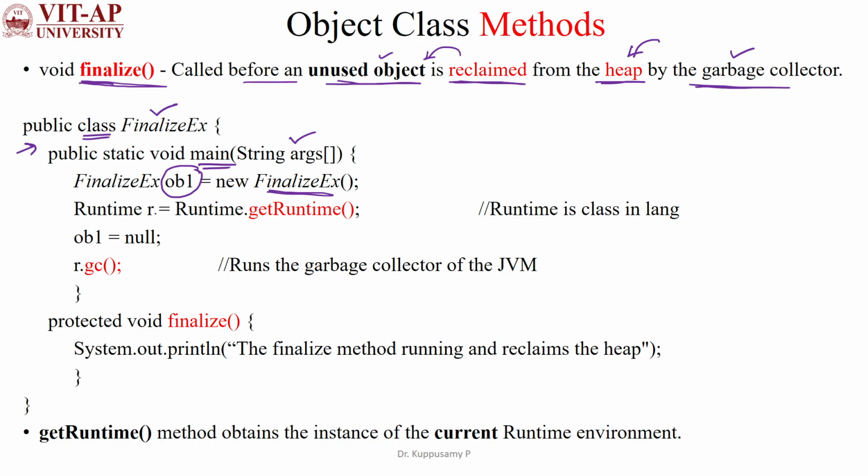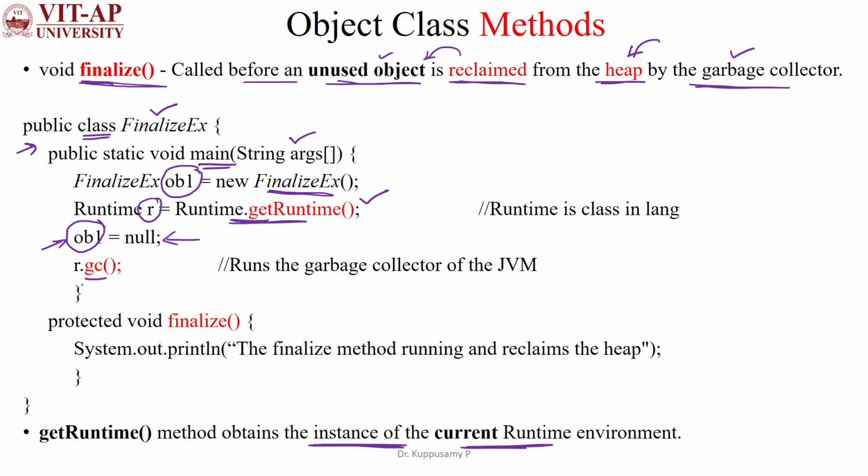Here I am trying to get the environment, the object currently running in the Java runtime environment. So getRuntime gives you that object, which is stored in the variable r. For object 1 I am initializing the value null, so the object has null value.